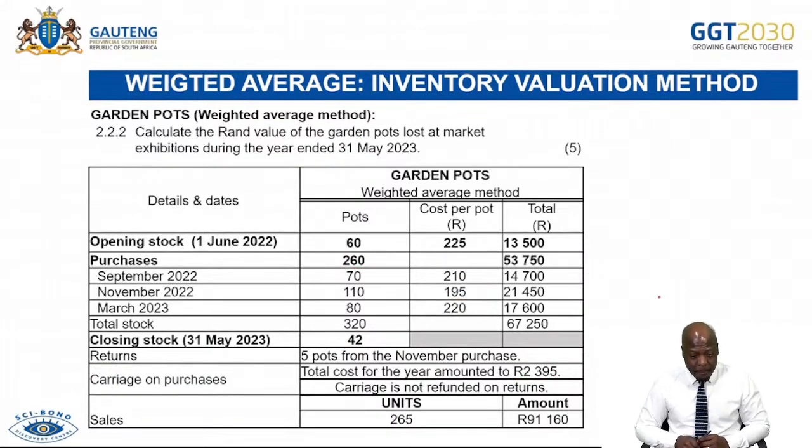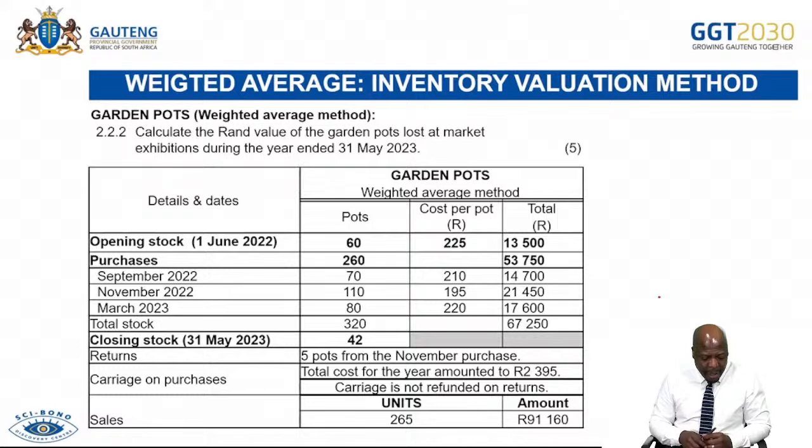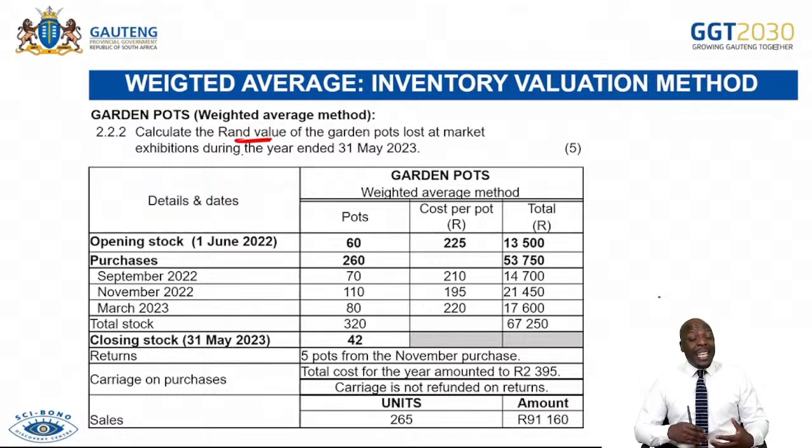Next question then reads, calculate the rand value of the garden pots lost at market exhibitions. Okay, the ones that got lost. You remember we spoke about that one. We want to know the units that got lost, and then we want to know their rand value. So what the examiner has done here is to change a bit from what we know.